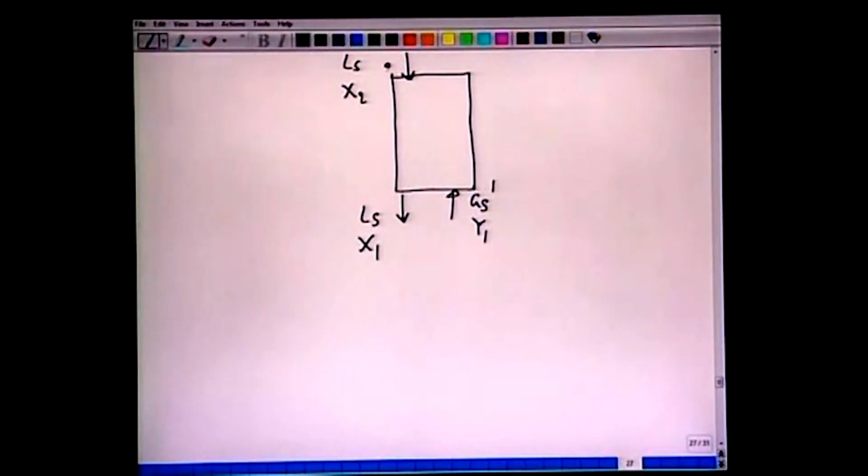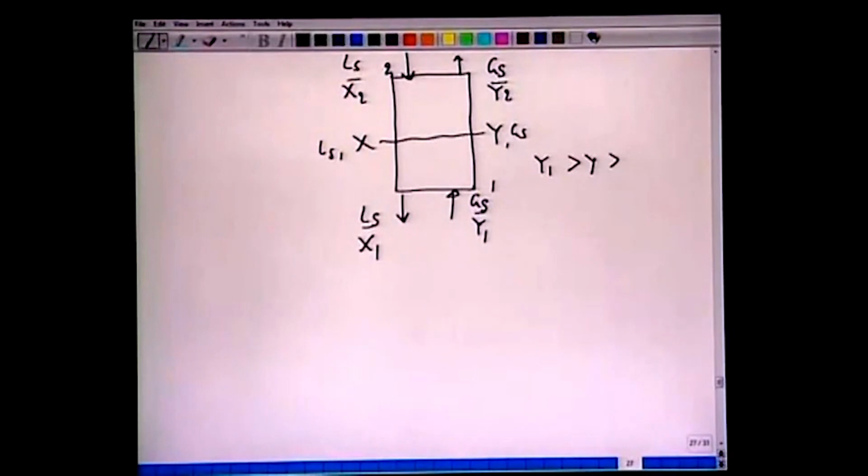So this is level 2, and the effluent gas after treatment remains at GS, and we have this Y2. At any cross section, we have X and Y; GS and LS will remain the same. It's a solvent free basis. We can also make a note, Y1 is greater than Y greater than Y2. So this concentration was high, which has been brought down to Y2.